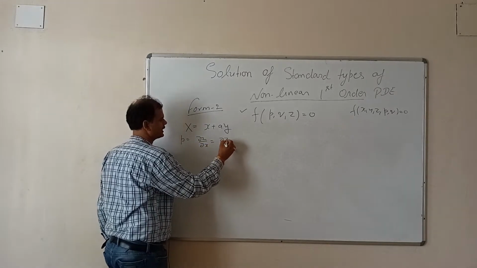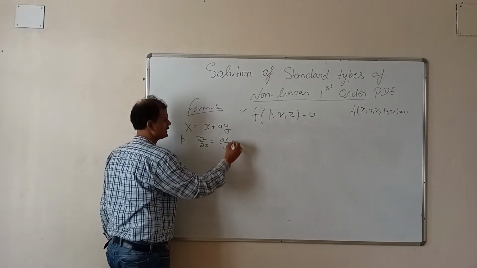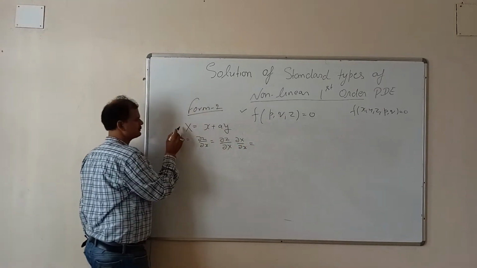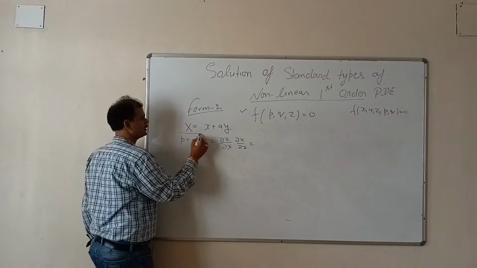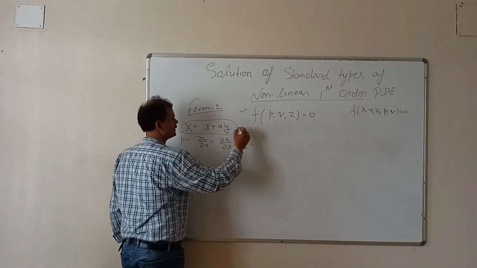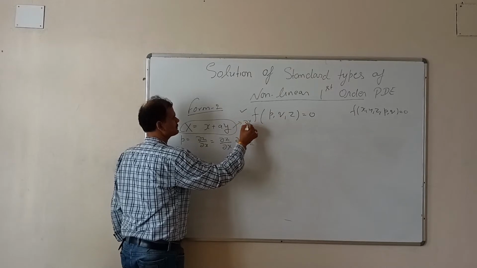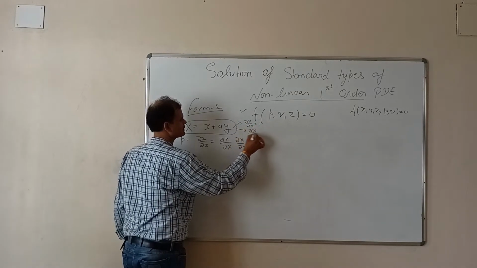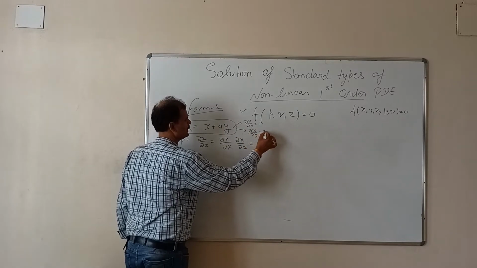This can be written as del z by del X and del X by del x. Differentiation of this with respect to x is 1, right? So del X by del x equal to 1 and del X by del y equal to a.